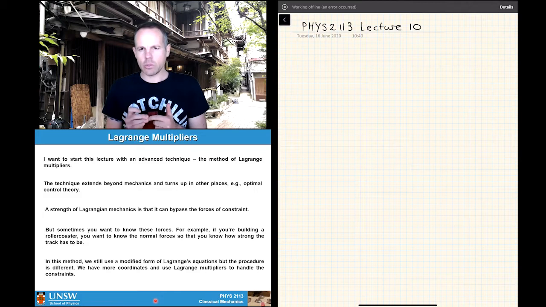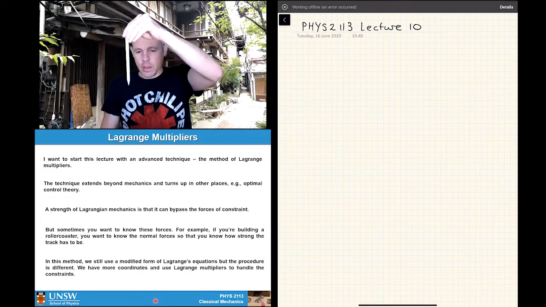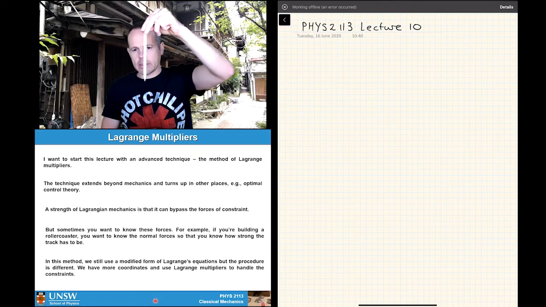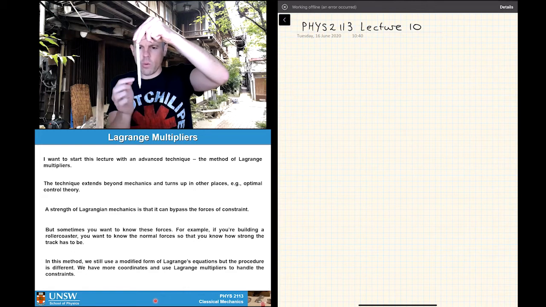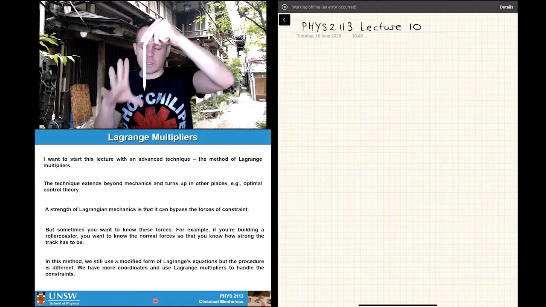But sometimes you do want to know what the constraint forces are, because they're important to the way you design things. To give one example, you might have a pendulum with a very big mass connected to a metal cable or a rod, and if you don't know what the tension force in this rod is, then you don't know what mechanical strength it has to have in order not to snap under load.